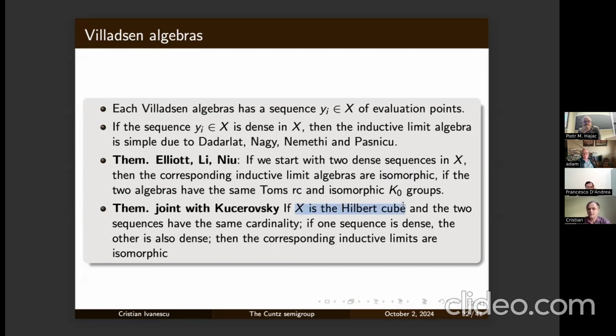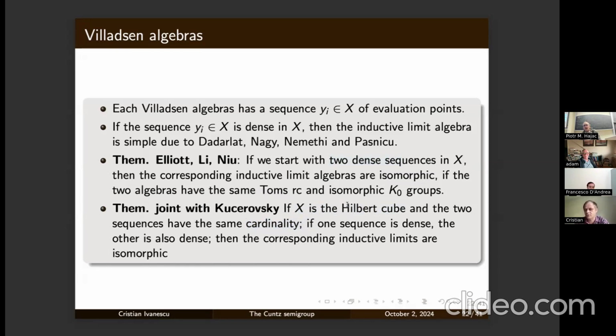From this point of view, ours is a special case, because the Hilbert cube is a special case of what they consider. However, in our case, we allow the sequences to have the same cardinality, which means our inductive limits may not be simple, so from that point of view, we have a slightly more general setting. In their setting, they have to have dense sequences. But other than that, everything is very similar.